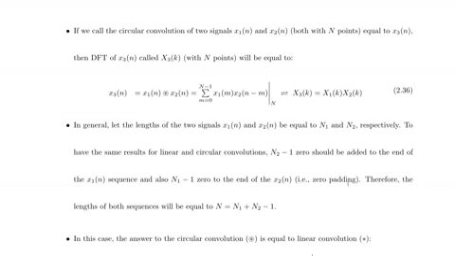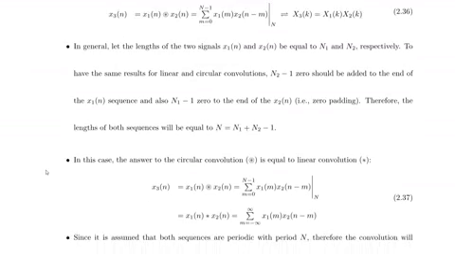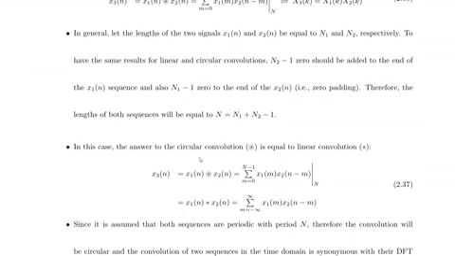This technique is called zero padding. Therefore, the lengths of both sequences after zero padding will be equal to N being equal to N1 plus N2 minus 1. Okay? Please remember it. In this case, the answer to the circular convolution is equal to linear convolution. Okay?